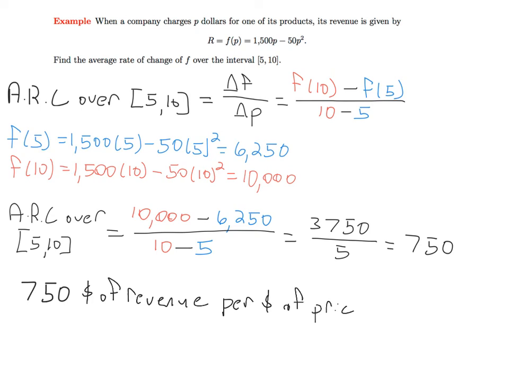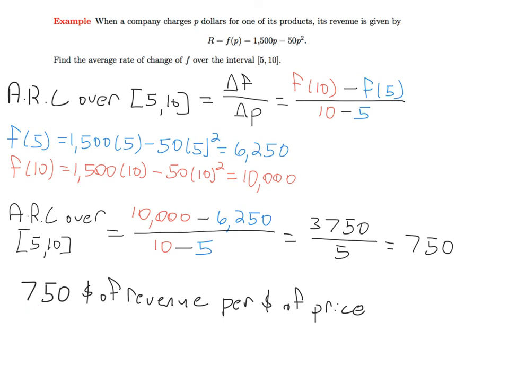Okay, and so although we're measuring the top and the bottom with dollars, these do not cancel out. One is measuring the amount of revenue and one is measuring the amount of price. So what this is telling us is that when we're dealing with the interval of price from $5 to $10, when we increase the price by $1, the revenue is going up by an average of $750 of revenue.